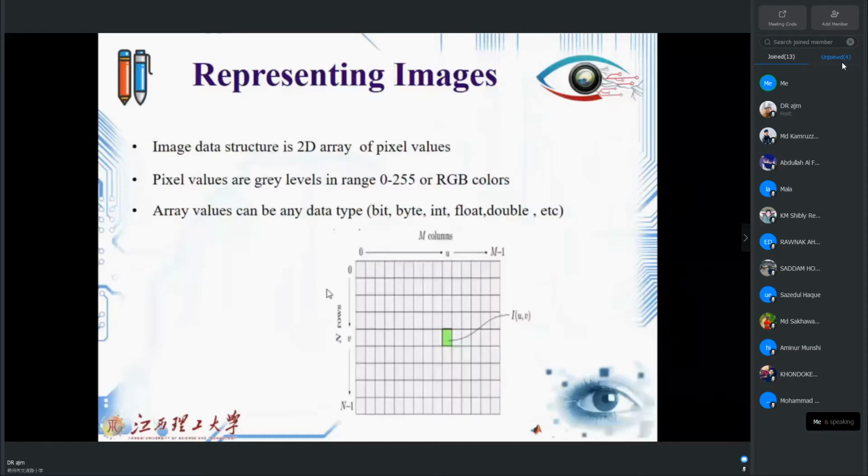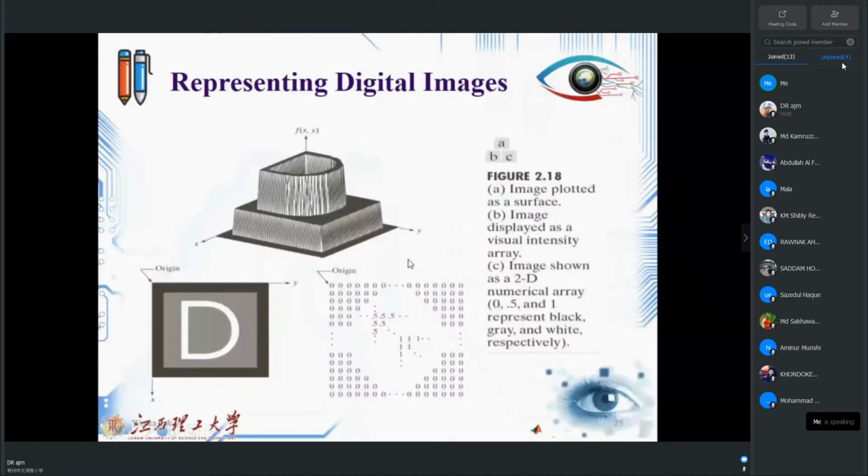And the array values can be any data type, float, integer, double, and so on. Suppose in this figure the image is plotted as a surface, something like this. An image as visual intensity can be represented by the form D that you will see.